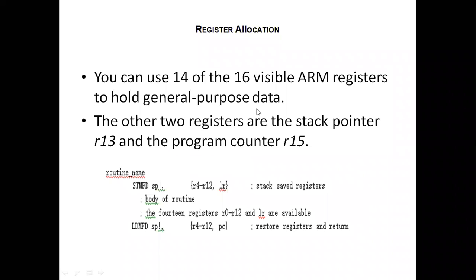And the next one, how to assign the registers. There are 16 registers, beginning from 0 to 15, right? You can use 14 of these 16 ARM registers to hold general purpose data. The remaining 2 registers, R13 and R15, are meant for special purposes. R13 is considered as the stack pointer, and R15 is considered as the PC, that is the program counter register.